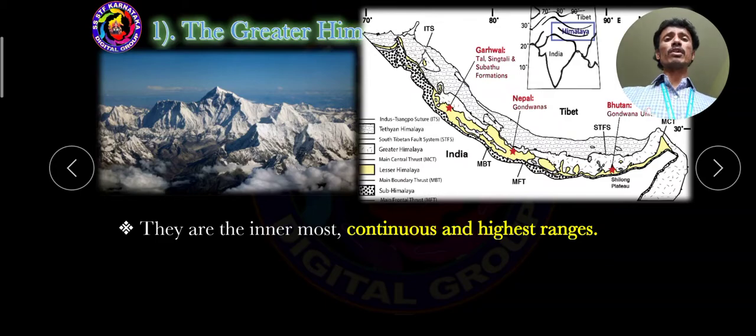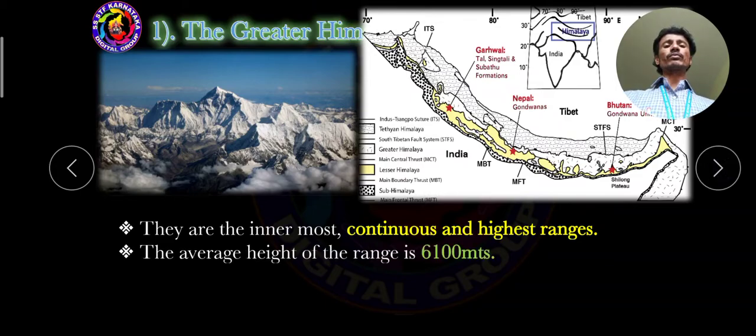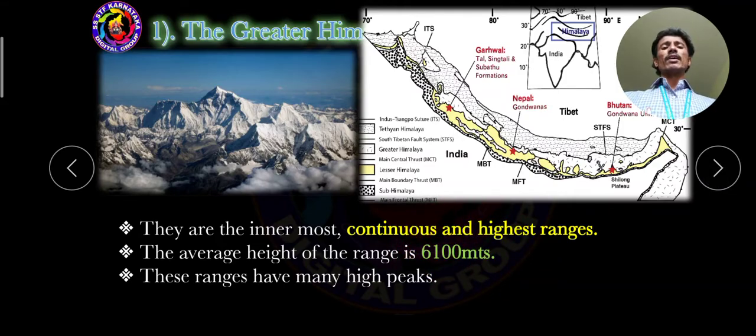The average height of the range is 6,100 meters. These ranges have many high peaks.